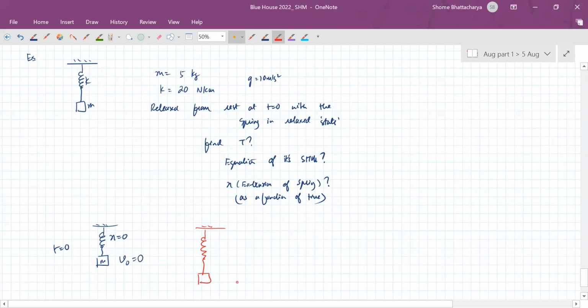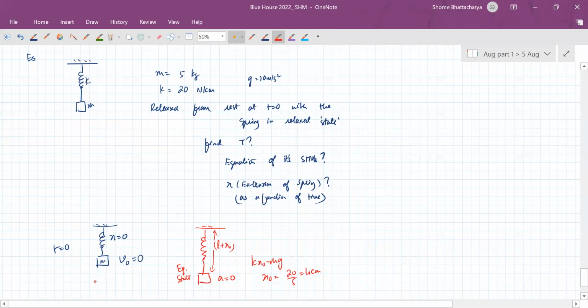If this is the equilibrium state or mean position, here k x naught is equal to mg.